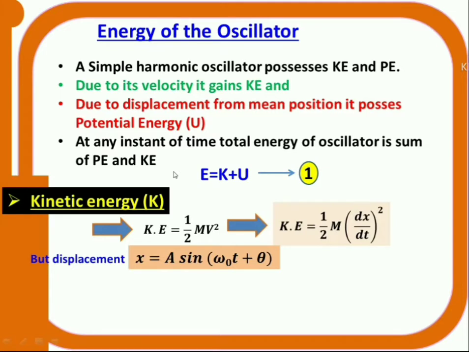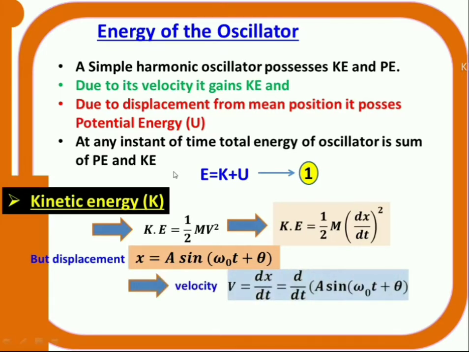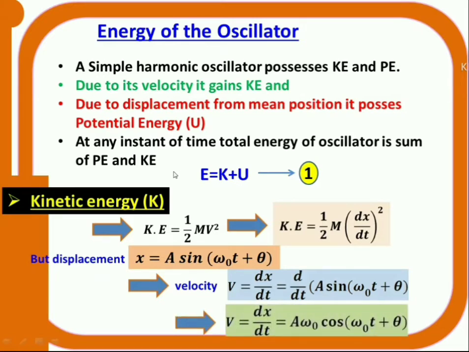If I differentiate that one, what will I get? Velocity v is equal to dx by dt is equal to d by dt of a sin(omega naught t plus theta). If I differentiate sine, I will get cos. So v is equal to dx by dt is equal to a omega naught cos(omega naught t plus theta). Right? Now substitute this dx by dt in the above equation.